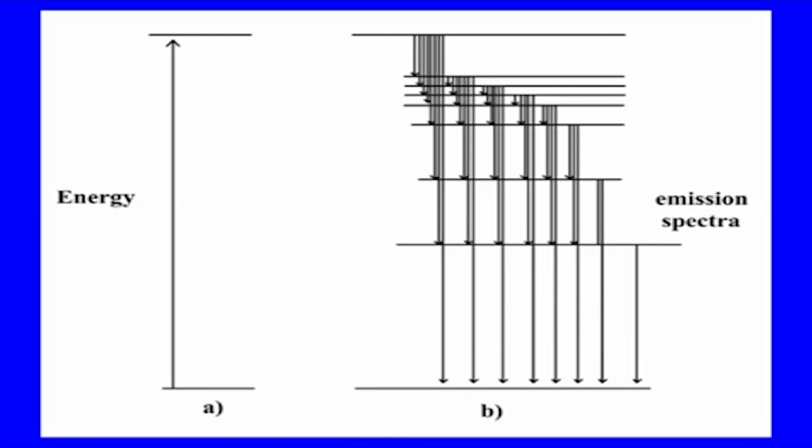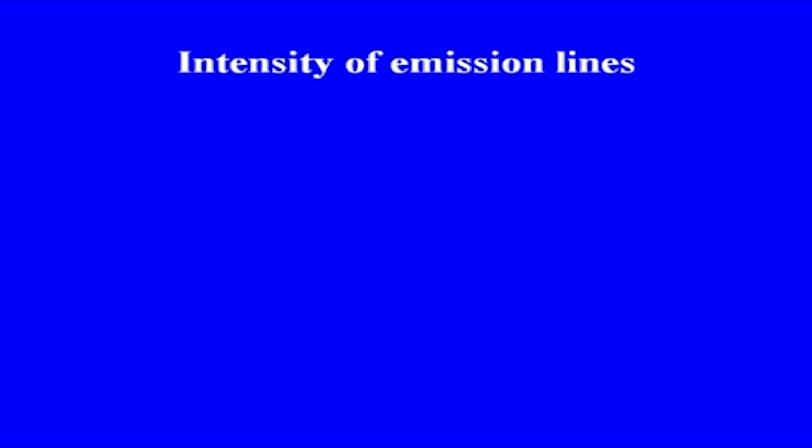This looks somewhat like emission spectra, where atoms come down to the ground state and many different spectral lines are emitted, which will be recorded. The intensity of emission lines gives a quantitative measurement, providing an indication of how many atoms are present.